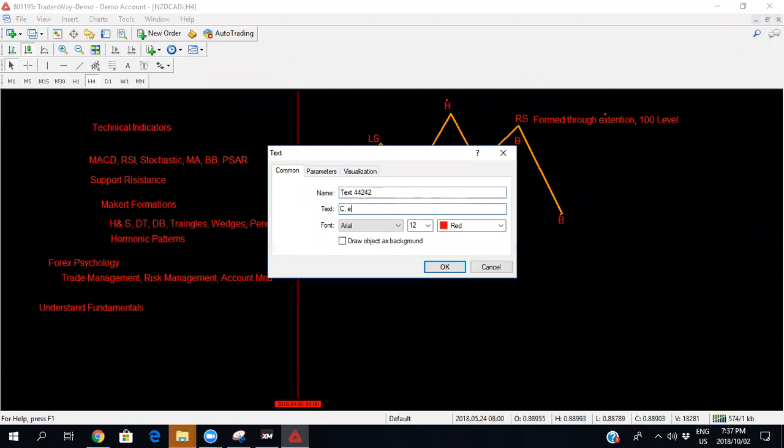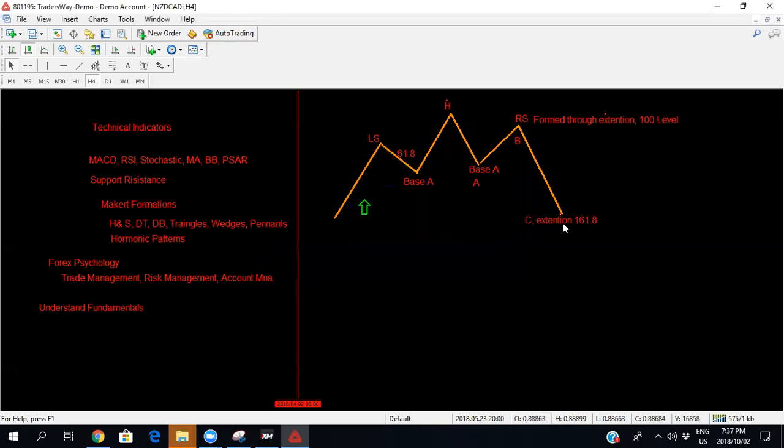C is formed as a result of a Fibo extension, which is 1618. That is C. Then you will have a pullback from point C to the 618, which forms the D point.